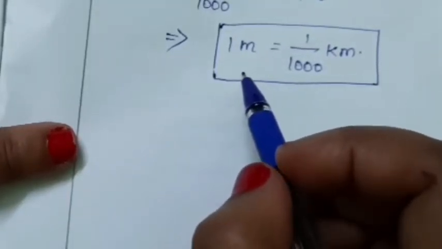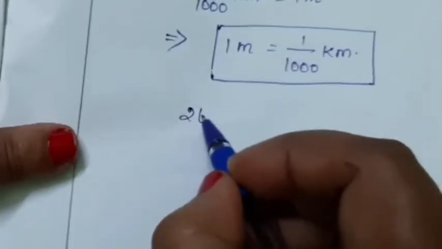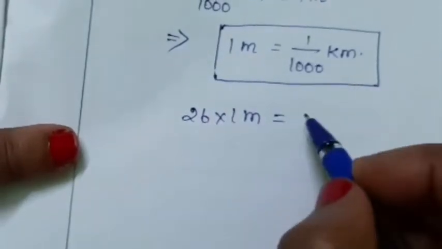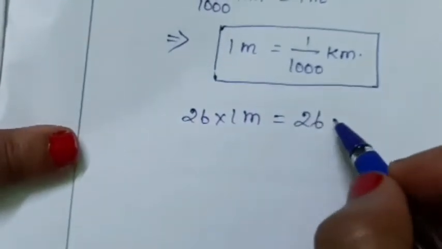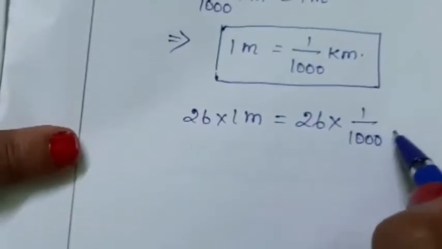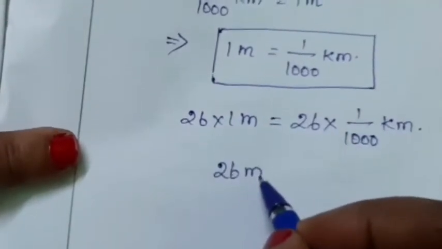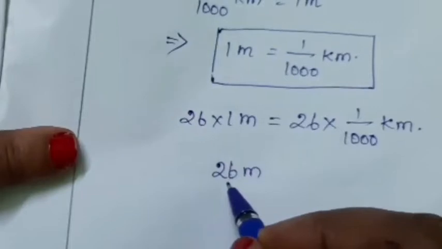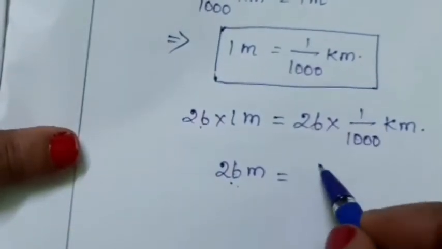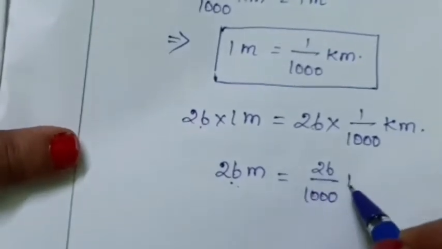Now multiplying 1 meter by 26, we get 26 into 1 meter, which is equal to, on the right hand side also multiply by 26, 26 into 1 by 1000 kilometer. 26 into 1 is equal to 26. 26 meter is equal to 26 divided by 1000 kilometer.